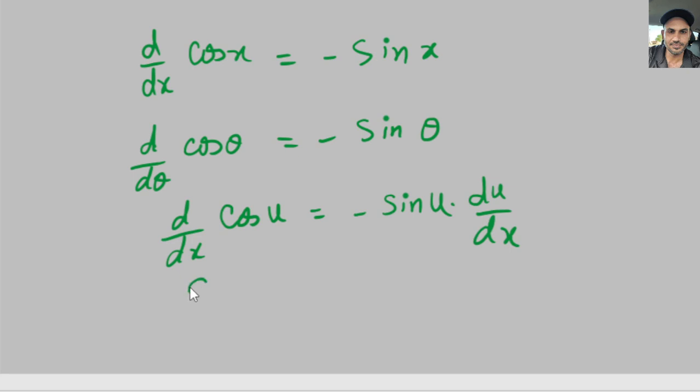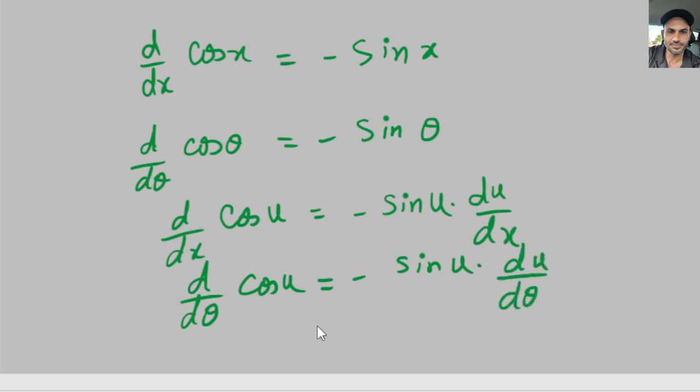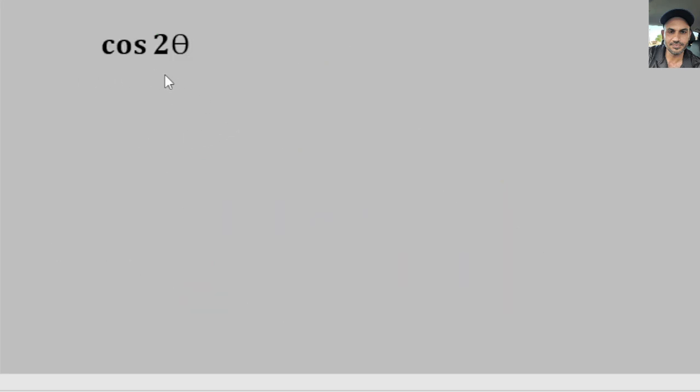Similarly, if we are taking the derivative with respect to theta of cosine of u, where u is a function of theta, then we get negative sine of u times du over d theta. So make sure we remember the variable that is being used in the function, so we differentiate according to that variable. Let's take a look at our first example.